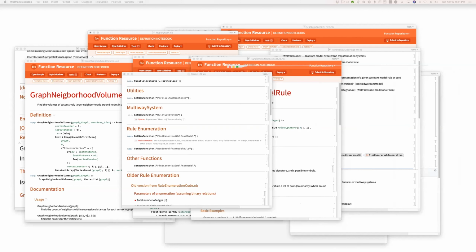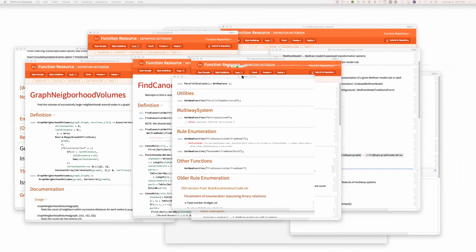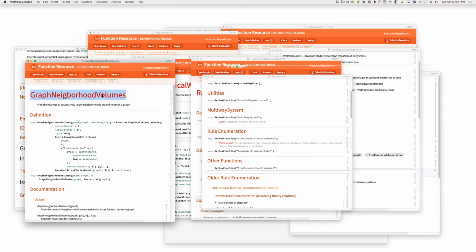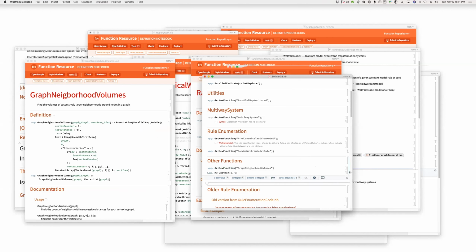And this is all tentative because eventually these will be in the function repository and we won't have to do this. All we'll have is a guide page to show us what to do. Yep. Magnificent.